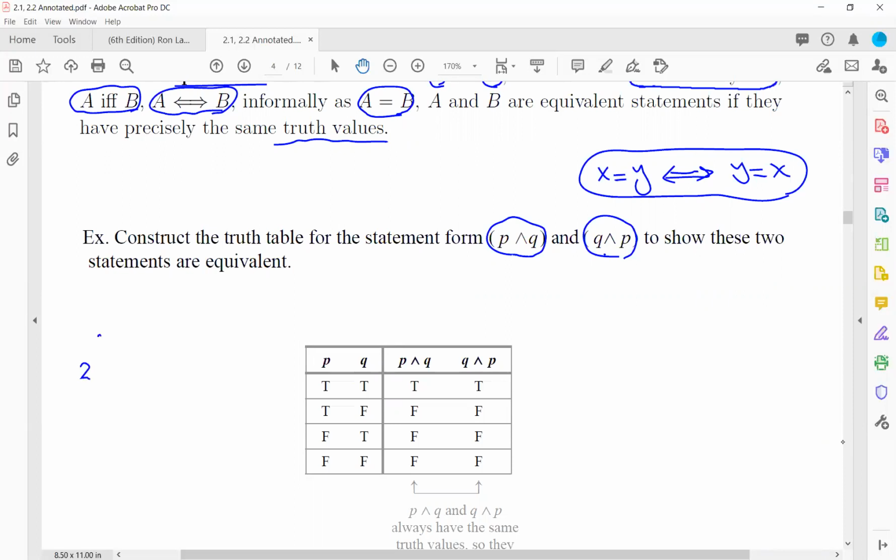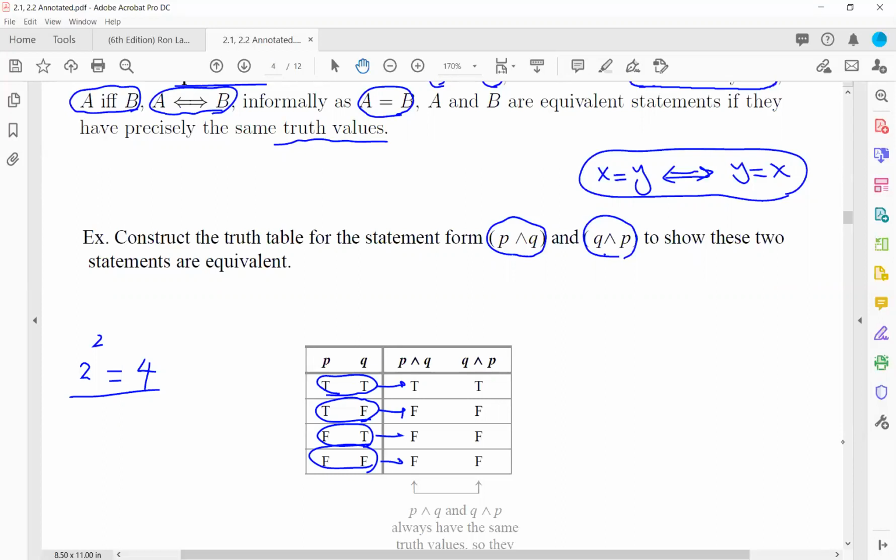Two statements, 4 combinations. True, true, true, false, false, true, false, false. Okay, P and Q. The connector is and. It is true if and only if these two statements are true. True, true, true. True, false, false. False, true, false. False, false, always false.